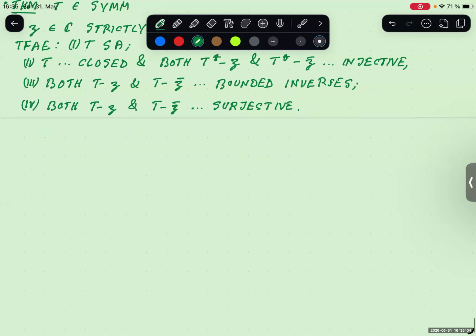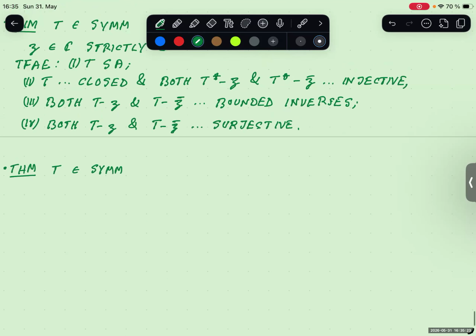Okay, I do not see any. So then I give you another theorem. Again, T is a symmetric operator and Z is strictly complex.